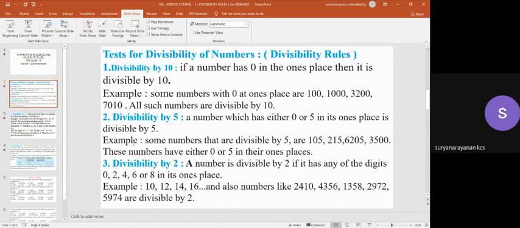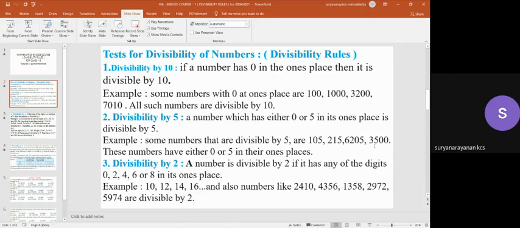Now let us take some examples. Some numbers that are divisible by 5 are 105, 215, 6205, 3500. All these numbers are having either 0 or 5 in their ones places. Observe this point, my children.